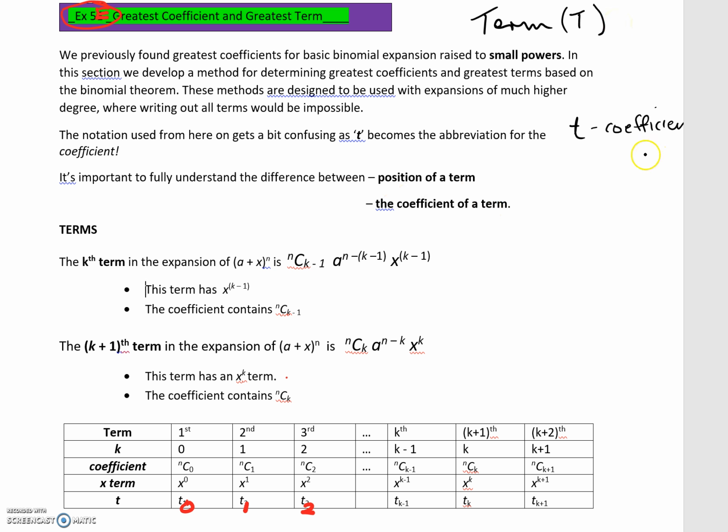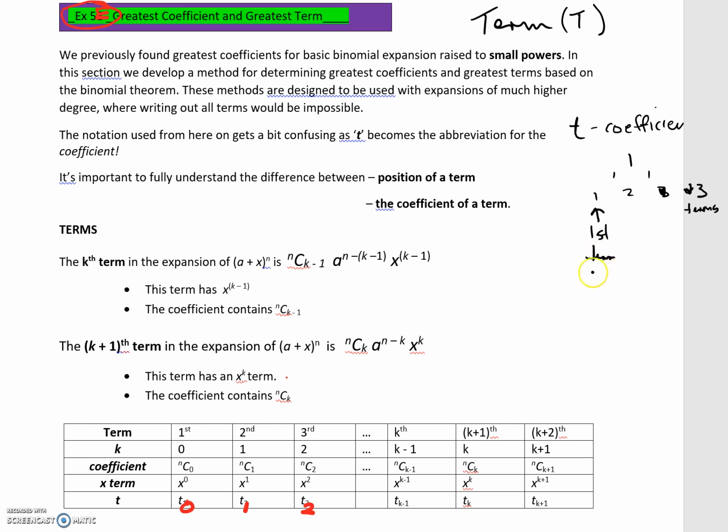We know in Pascal's triangle that when n is 1, we've got 2 terms. When n is 2, we've got 3 terms. Oh, sorry, 1, 2, 1, a coefficient. But there are 3 terms. And for most of us, I'd assume you would call that the first term.